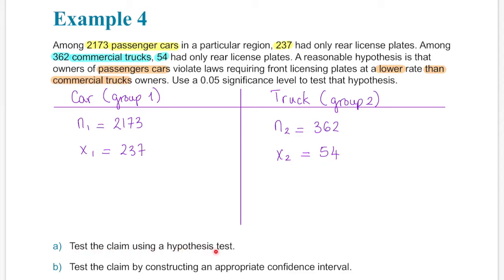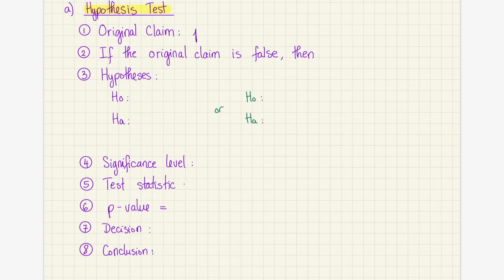A. Test the claim using hypothesis test. B. Test the claim using the confidence interval. My original claim is P1 less than P2. If the original claim is false, then P1 is greater than or equal to P2. Between the two statements, the one that does not contain equal sign is my HA.